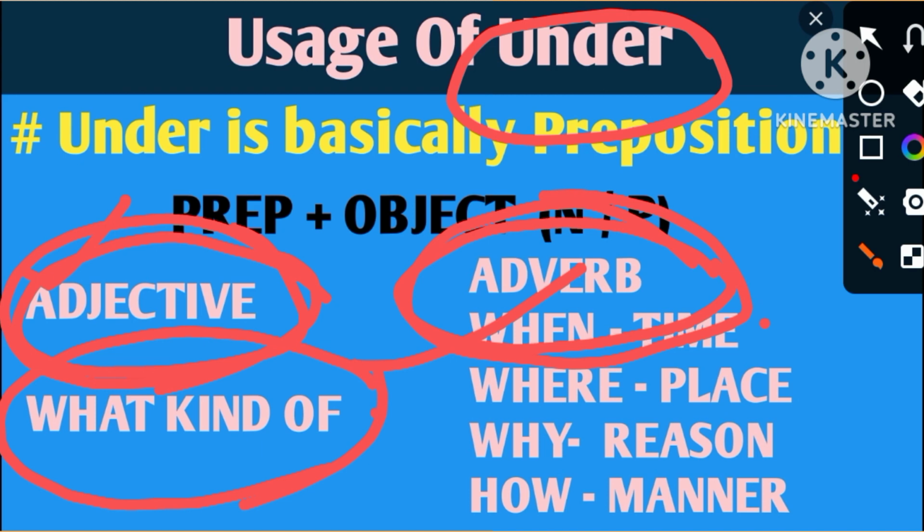If you ask the verb by where, that will be the adverb of place. If you ask it by why, it will be the adverb of reason. And if you ask it by how, the answer will be the adverb of manner. So my dear friends, let's discuss all these things one by one.